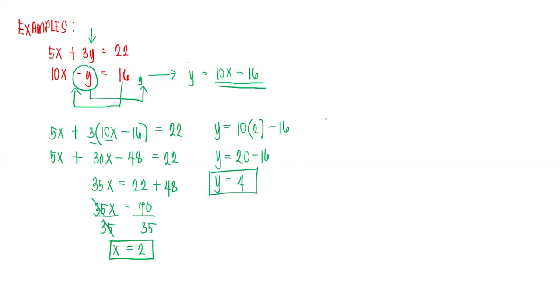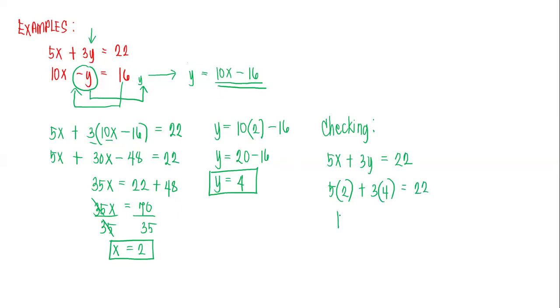Okay, so for our checking, you can use either of the two equations. For example, we'll use the first equation, 5x plus 3y equals 22. The value of x is 2 and the value of y is 4.